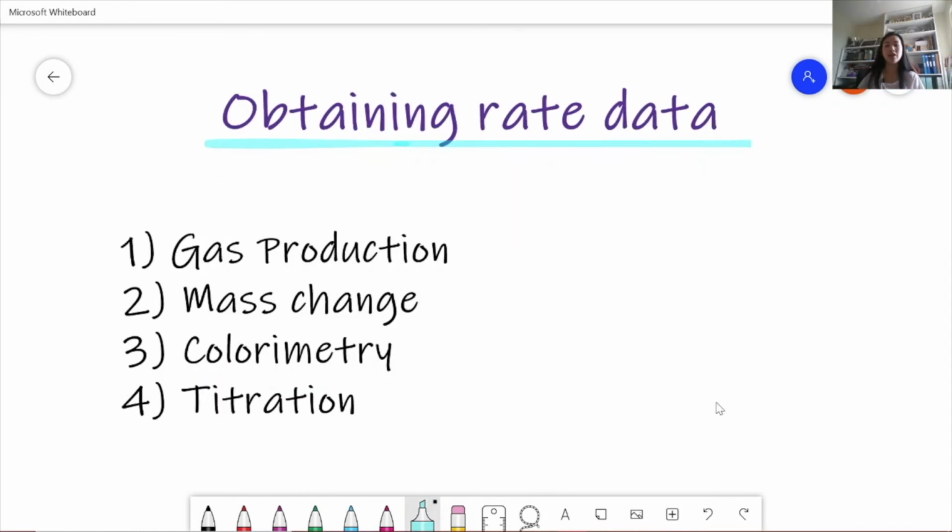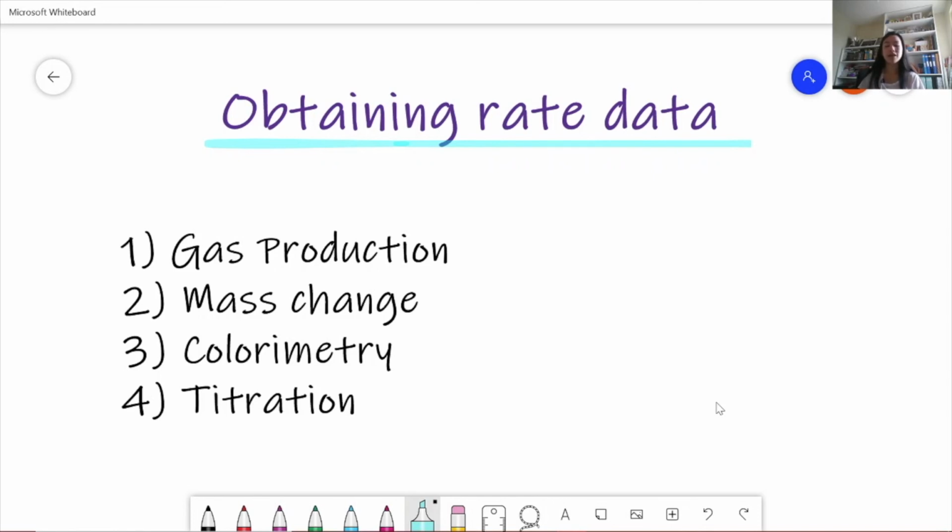So some ways to obtain rate data are to look at gas produced, the change in mass, use colorimetry or titration, and there's many other ones, but we're going to quickly talk through these. So for gas production, we either measure the volume or the mass of gas produced and plot a graph of that volume over time, and we find the gradient at the start, and the rate will be proportional to the gradient.